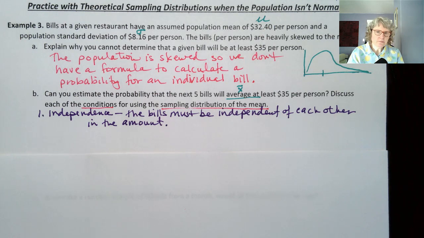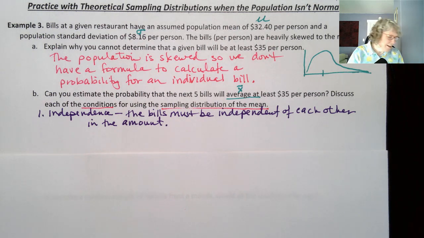So I would think these bills could not be from the same table, because each table is going to influence each other. And then you might have a table that says, oh, let's just share an entree, trying to stay within budget. That would be a completely different situation, and they would definitely be influencing each other. Now, sometimes you get those friends who order the whole menu while you're trying to have just a salad.